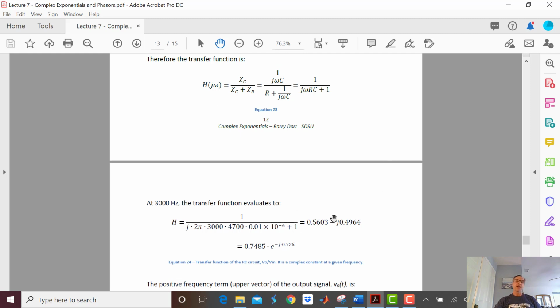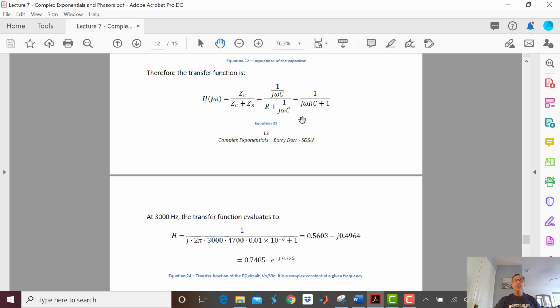So now let's evaluate that transfer function at 3000 hertz. And remember, what the circuit does is a constant at a specific frequency. So we're going to put in our 3000 hertz and we're going to get a constant. We do all our complex math here, and we end up with 0.5603 minus j 0.4964.